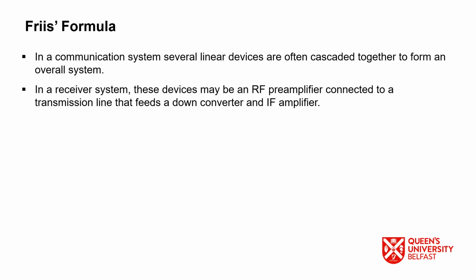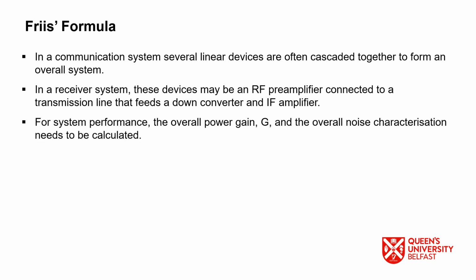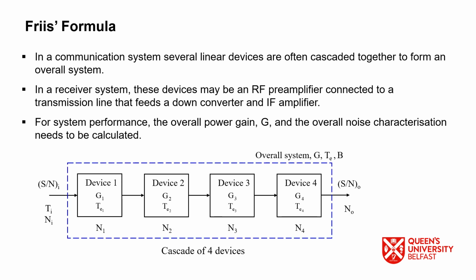So in a communication system, several linear devices are often cascaded together to form an overall system. In the receiver system, these devices may be a pre-amplifier connected to a transmission line that feeds a down converter and an IF amplifier. IF means intermediate frequency. The system performance, the overall power gain G, and the overall noise characterization need to be calculated.